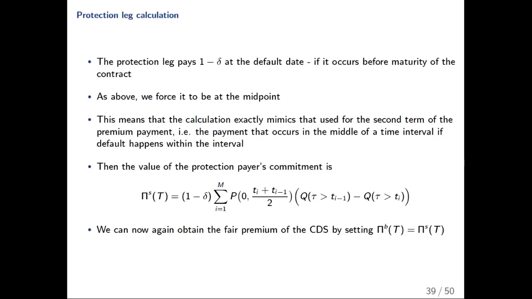The very first payment, this C, will depend on the 0.25 plus 0.50 divided by 2, times Q of 0.25 minus Q of 0.50.